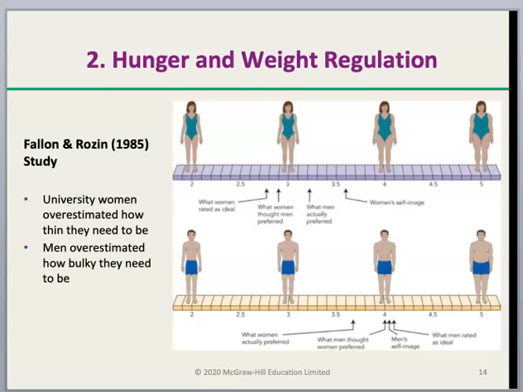What do you rate as ideal? They put 2.8, which is even thinner. So that is their perception of what the female ideal body type is like.